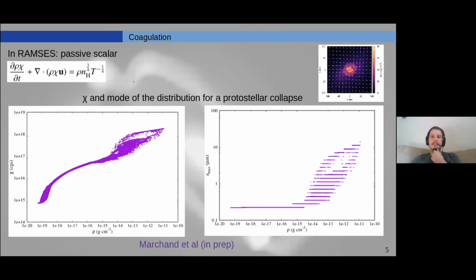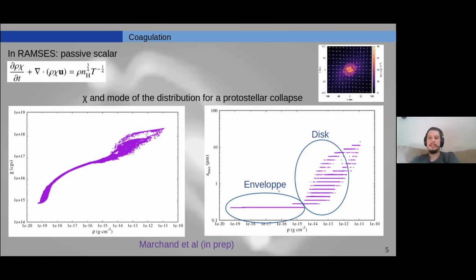Here is an example of chi evolution during a protostellar collapse, with the evolution of chi with density. Chi increases with density as coagulation progresses further and further. On the right is the associated mode of the distribution, the peak of the distribution that I showed just before, corresponding to this chi.